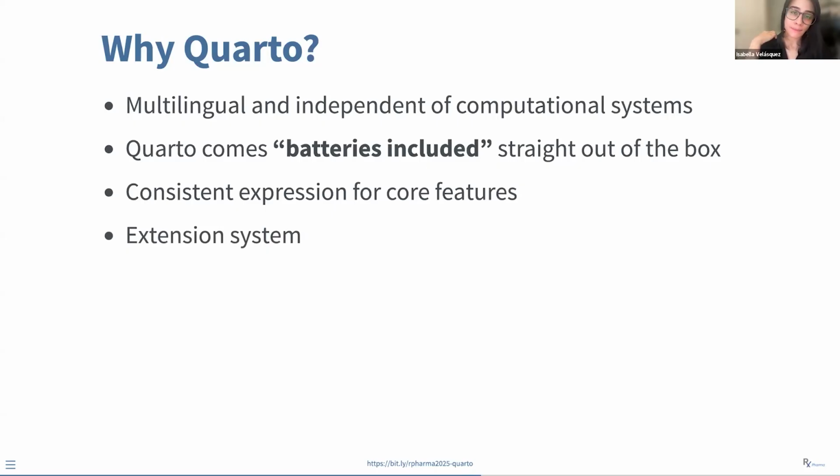An extension system. Both by Posit and by the community, there are a ton of tools out there to extend Quarto, to add new features, to add different kinds of styling and templates and things like that. It's incredible the things that people have come up with in order to make Quarto even better.